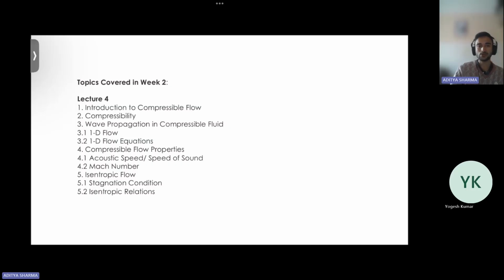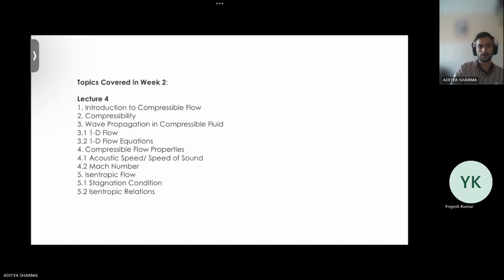All right. So 1D flow was discussed, and different equations related to 1D flow were discussed. And then compressible flow properties were discussed.